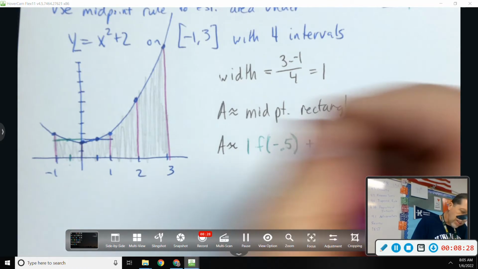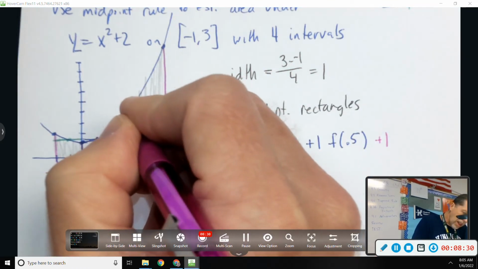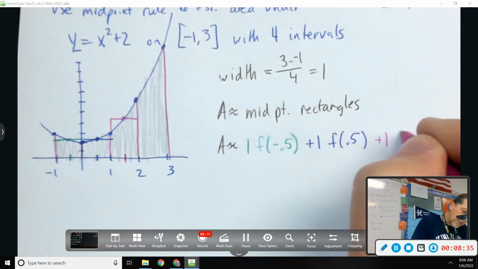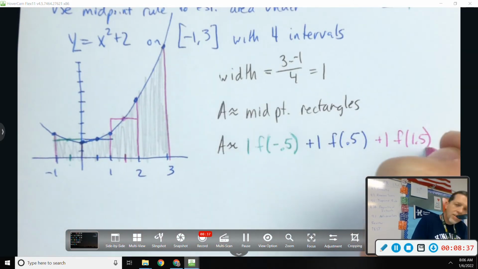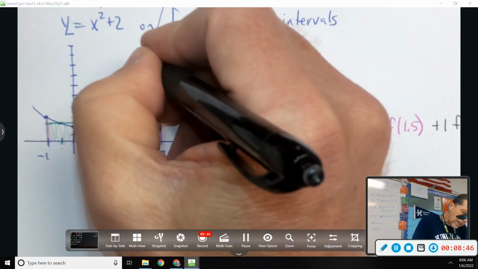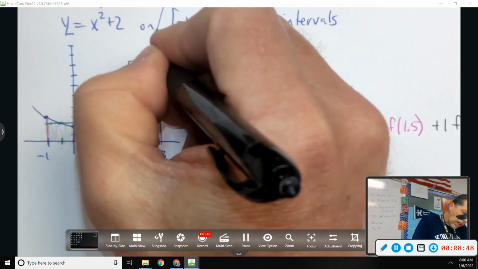Then the next rectangle is 1 wide, but we use the height at 1.5. And then the last rectangle is 1 wide, and we'll use the height at 2.5.